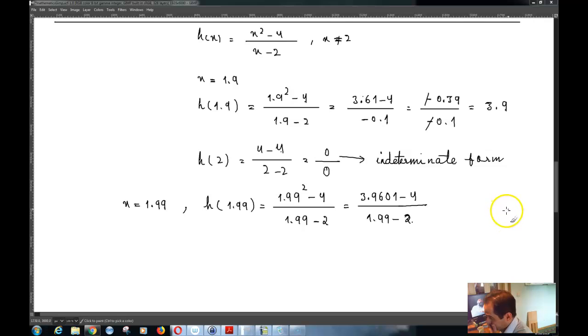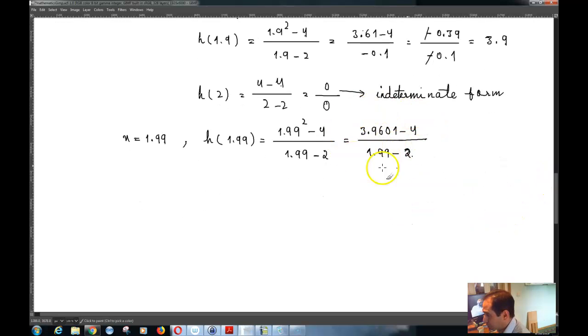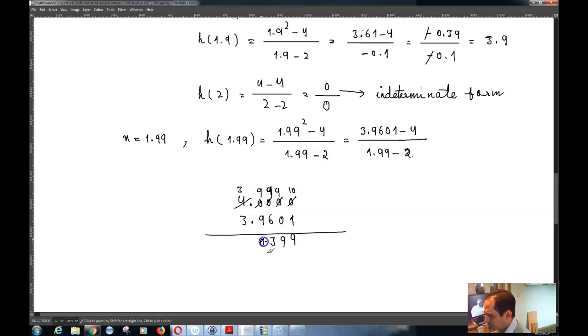So then you would have 3.9601 minus 4, so let's subtract 4.0000 minus 3.9601, and that is negative 0.0399 over 1.99 minus 2, which is equal to negative 0.01.